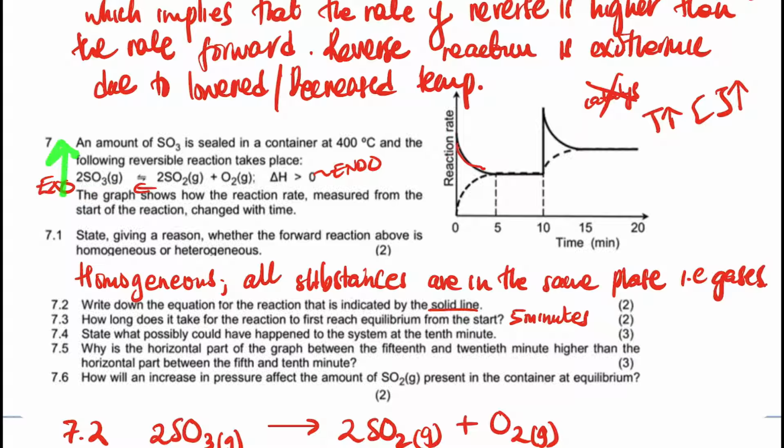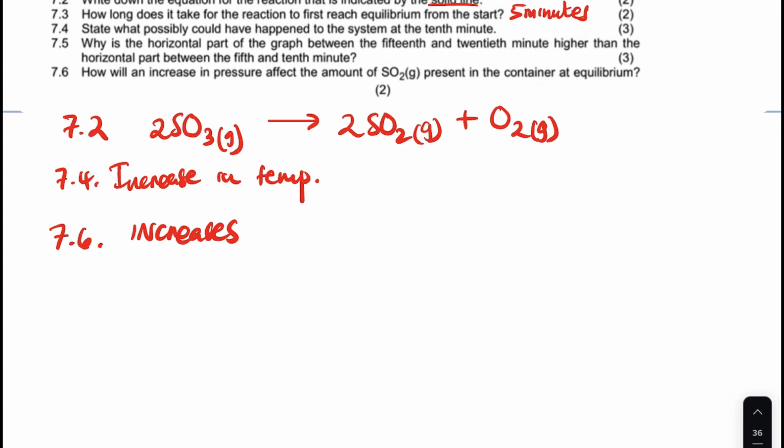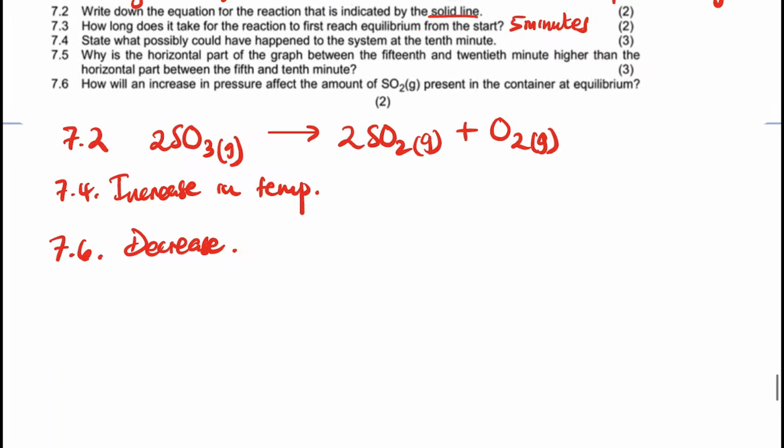So this side will increase, and these two will decrease. So I was wrong initially. The sulfur dioxide will decrease because it's not favored. So the answer here is not increase, it's decrease. I could sense that I was wrong, right? And the reason will always be that an increase in pressure favors the side with the least number of moles, right? Yeah, I think we are done there.